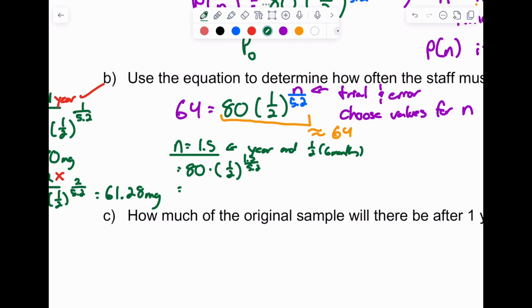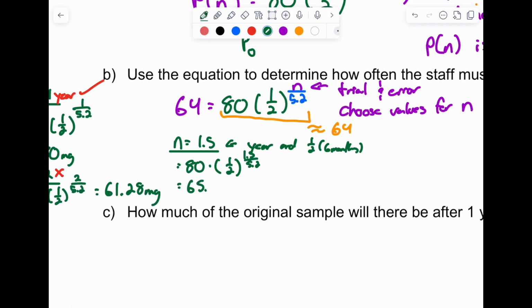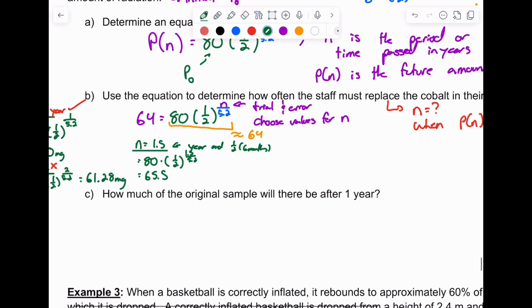So 0.5 to the power of 1.5 divided by 5.2, times that by 80. I get 65.5 milligrams. So this one is good, okay?